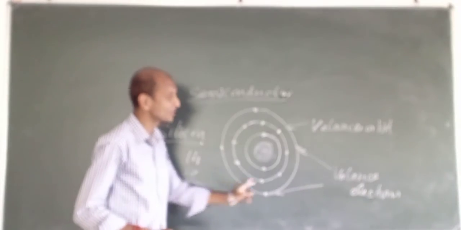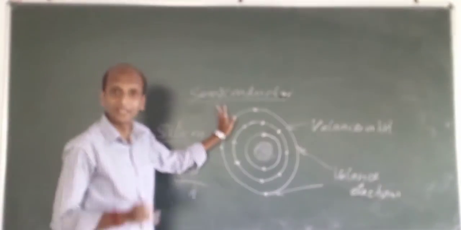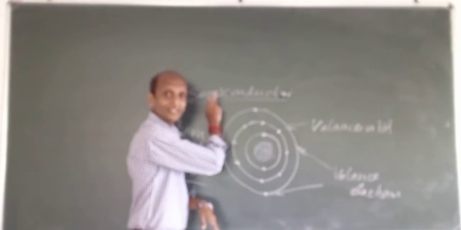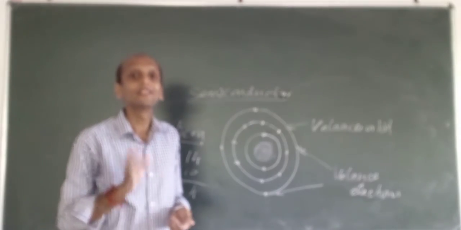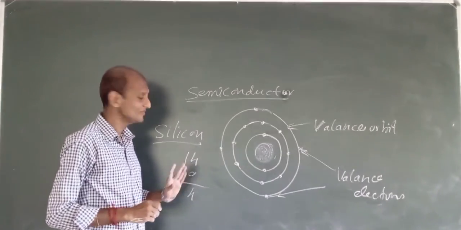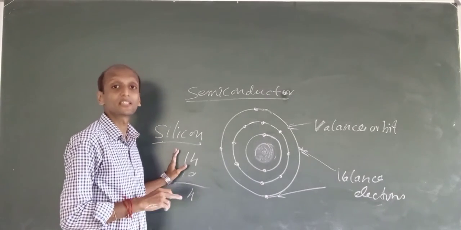When it has 4 valence electrons, this atom comes under the semiconductor material category. So silicon is a best semiconductor material.